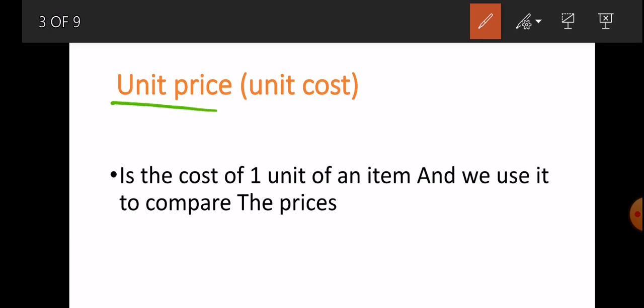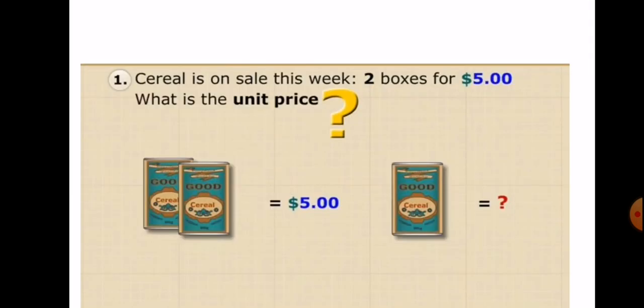So again, the unit price is the cost of one unit. It means I make the number of items one and see what the cost of this one will be. Then I can compare the prices. Let's see another example.